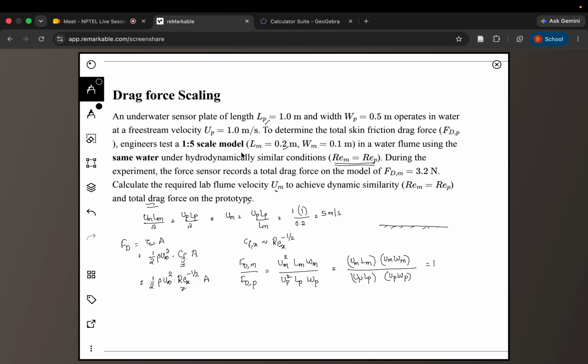The total drag force on both the model as well as your prototype will be the same. Which means on the prototype also it will be 3.2 Newton.